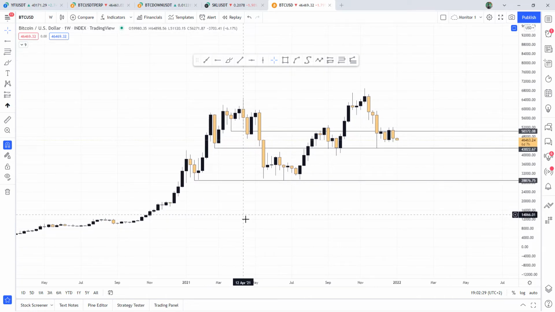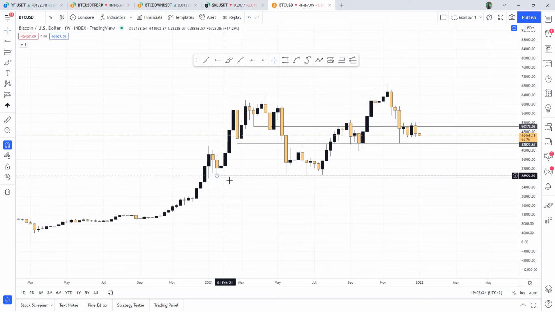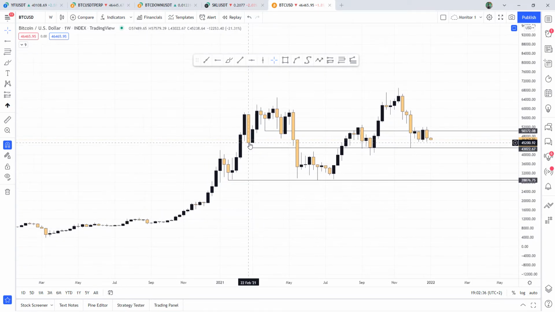Now let's see for resistance. For resistance, we go for the green bars. For me, it's black. So if this was support, then we check the last candle.